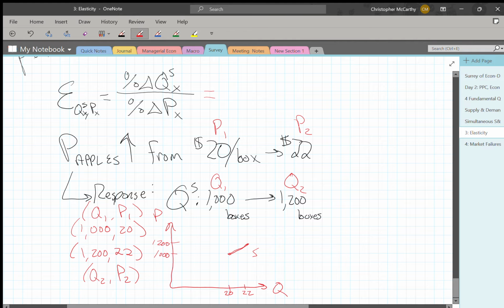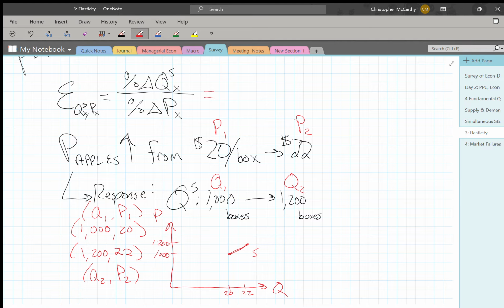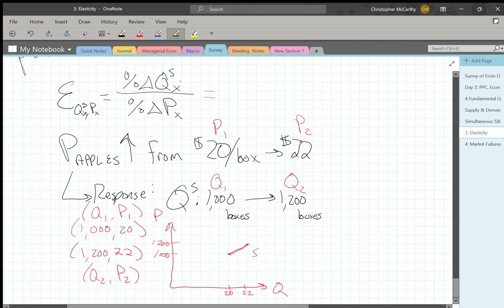So one of the nice things about this elasticity equation, I'll show you right now, is that the 2's cancel out. So for a second, let's unpack each one of these things. We're going to solve it all as one giant problem this time, just for fun. So we end up on the numerator with Q2 minus Q1 over Q2 plus Q1 divided by 2.